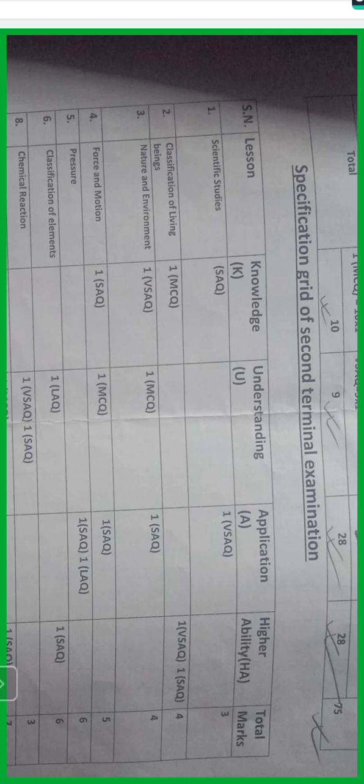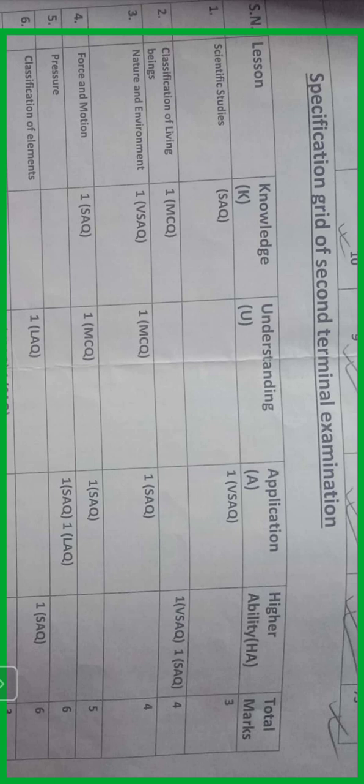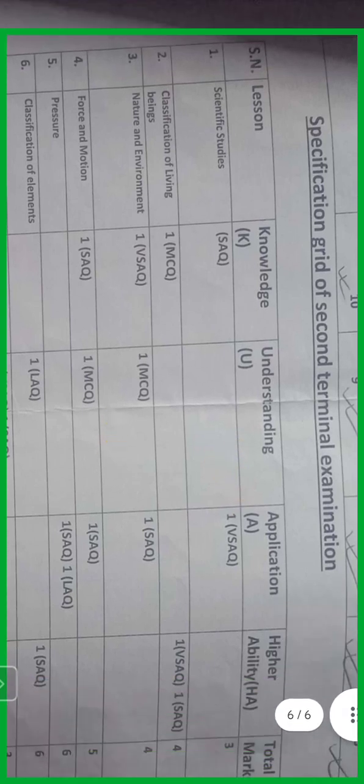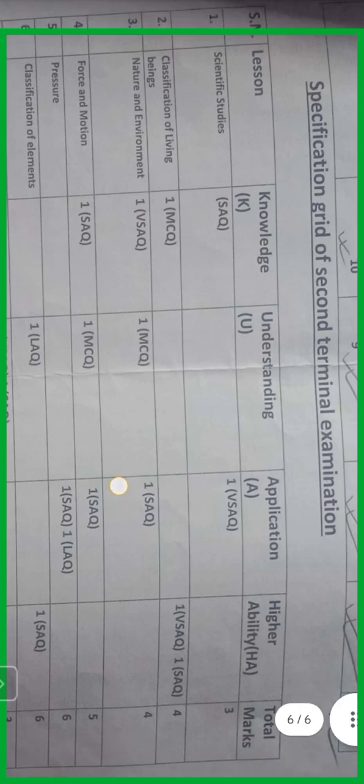If the diameter is in kilometers, you have to convert it into meters. If the weight is given in grams, you have to convert it into kilograms. The question cannot come straightforwardly in higher ability type question. You have to think very carefully. Okay, this is about the types of question: knowledge type, understanding type, application type, and higher ability type question.